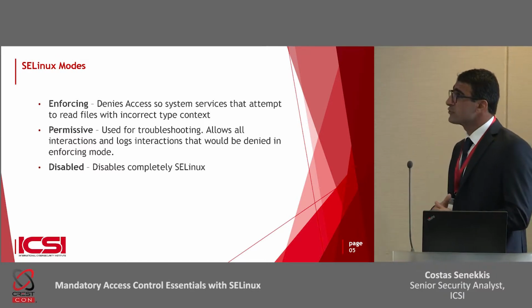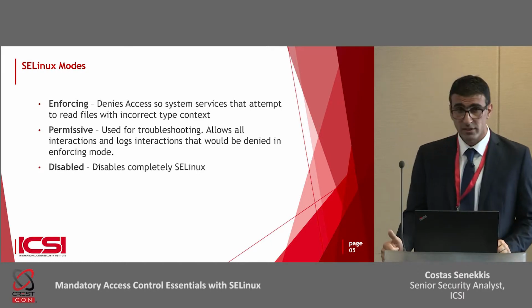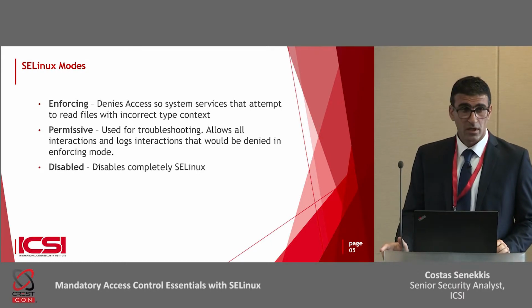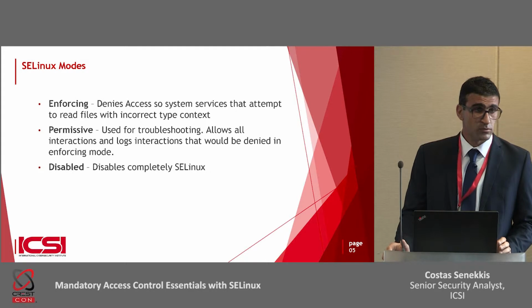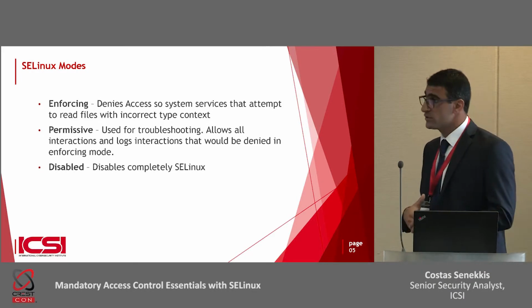These are the SELinux modes. We have three SELinux modes: the enforcing mode, permissive, and of course the third one, which is disabled, which, as you can see, disables SELinux completely.